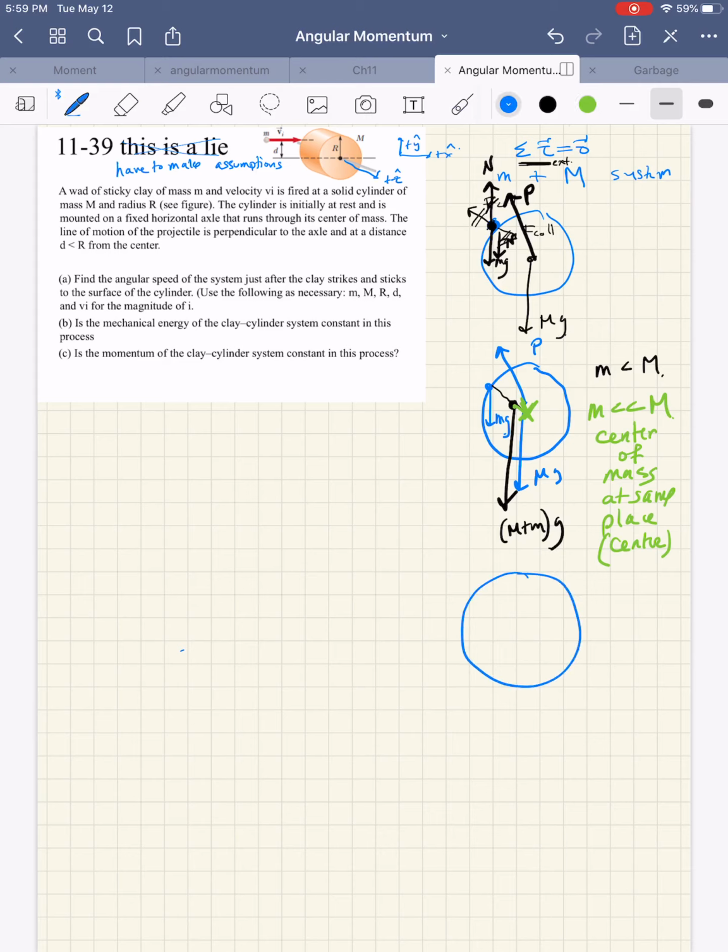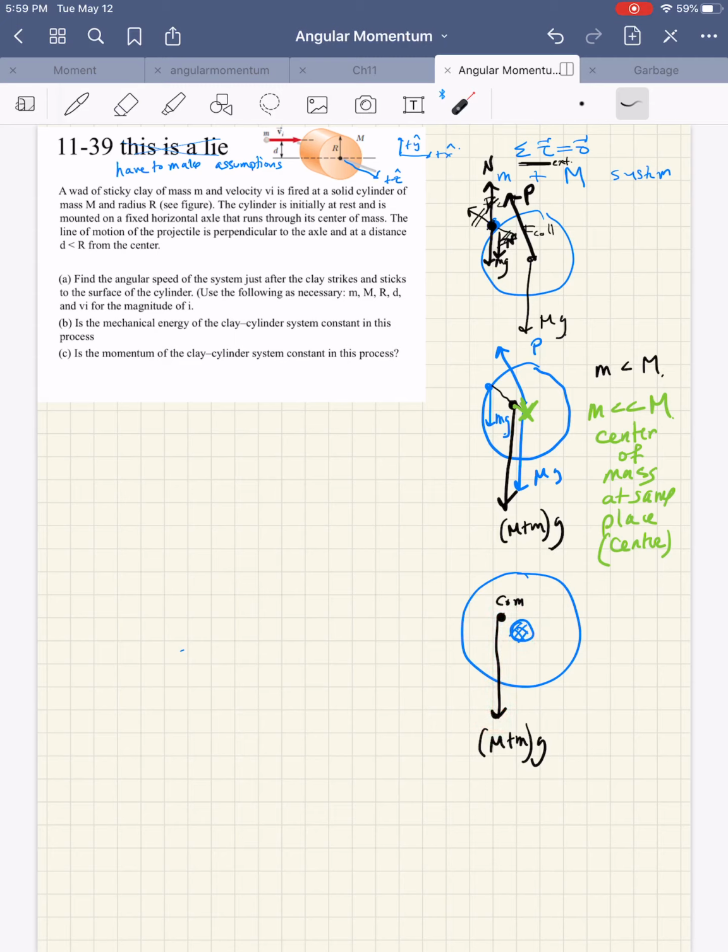Or maybe a more realistic approach would be to say that the axle that goes through the center right here actually has a certain amount of thickness to it. So maybe there's this additional gravity force on the system, or as the center of mass tries to shift, maybe to be here, there's a force, and therefore a torque from gravity because it's not acting at the center.